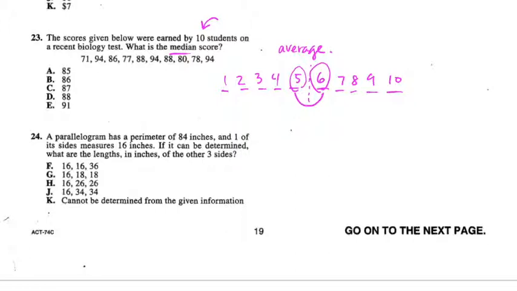So let's start with the lowest, which is here, 71, and the highest are the 94s. We'll put them here. And then 77, 78.